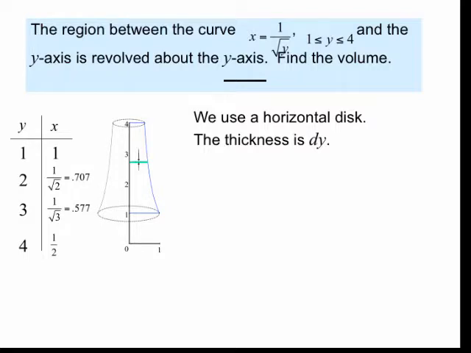There's one particular rectangle, infinitely thin. It's got a thickness of dy. Its radius is an x distance, but x is a function of y, and we have our x isolated as 1 over root y. So 1 over root y will be our radius.